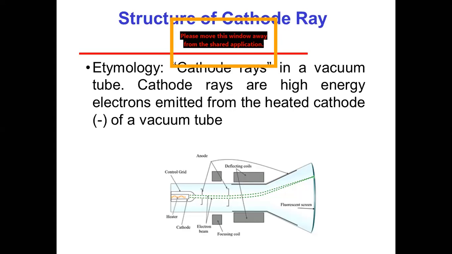This produces the electrons, and these go to the deflecting coil. There is an anode and cathode, and these go to the deflecting coil, and then ultimately on the fluorescent screen it gives you the image. But it takes too much time to create or develop the image.